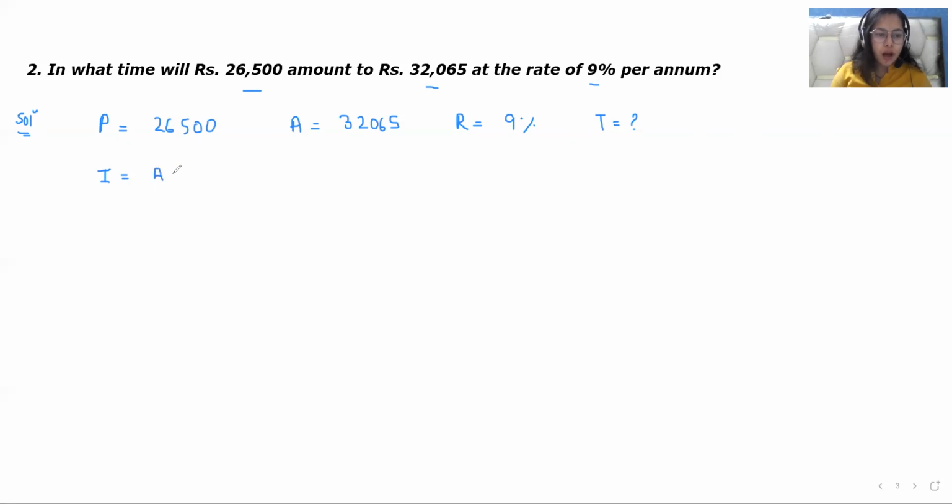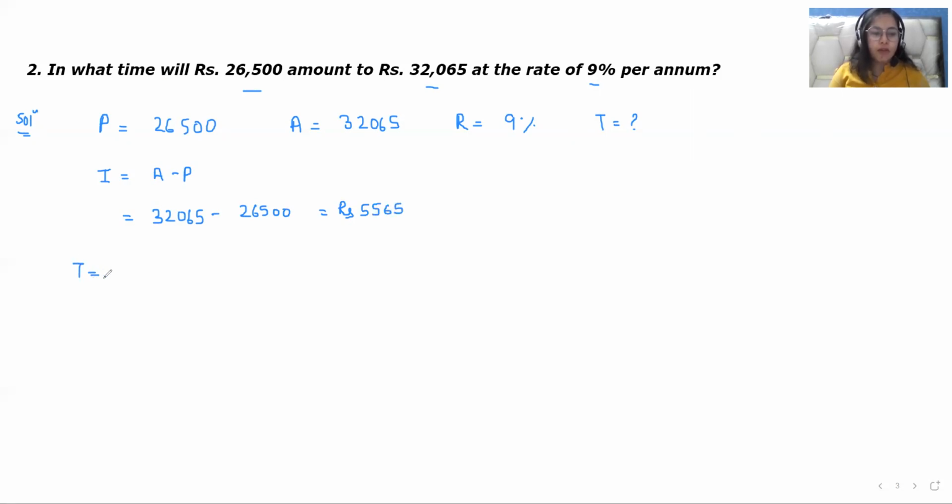I is equal to amount minus principal. So the value of amount is 32,065, subtract 26,500. After subtraction, we get rupees 5,565.